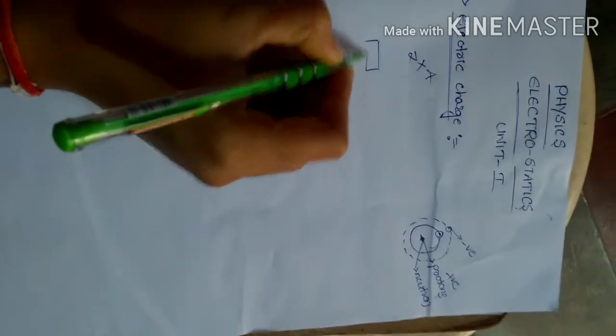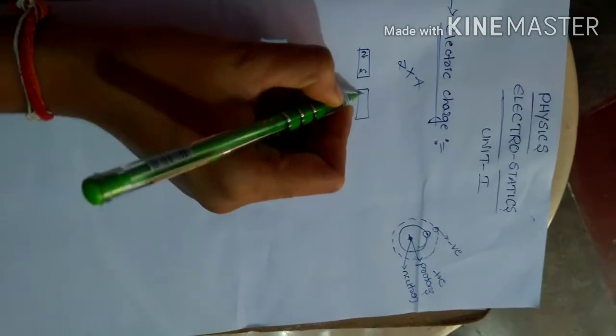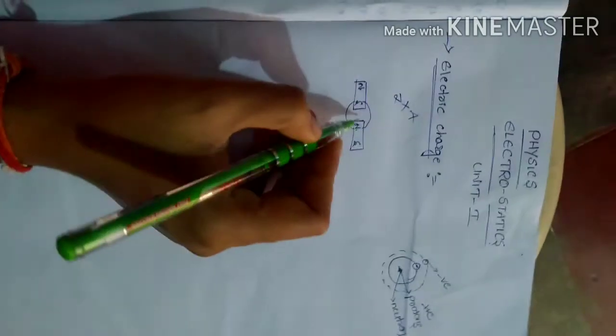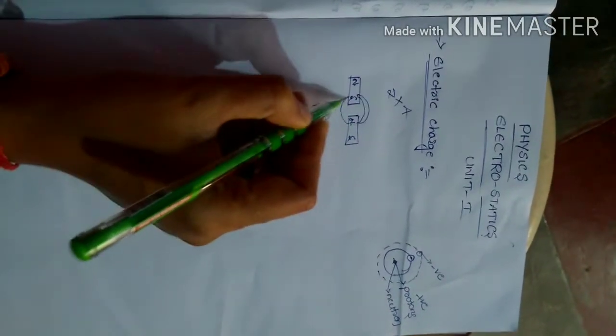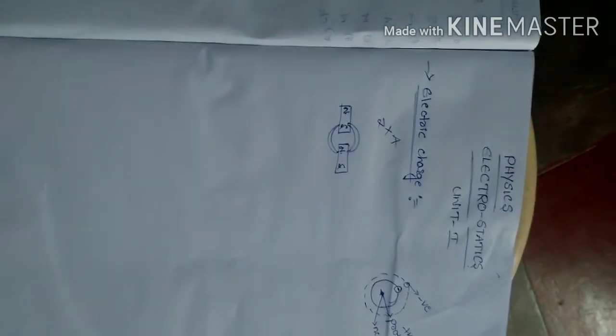For example, if I take any bar magnet, this is the north pole and this is the south pole. The north pole and south pole attract each other, because unlike poles attract each other and like poles repel each other.